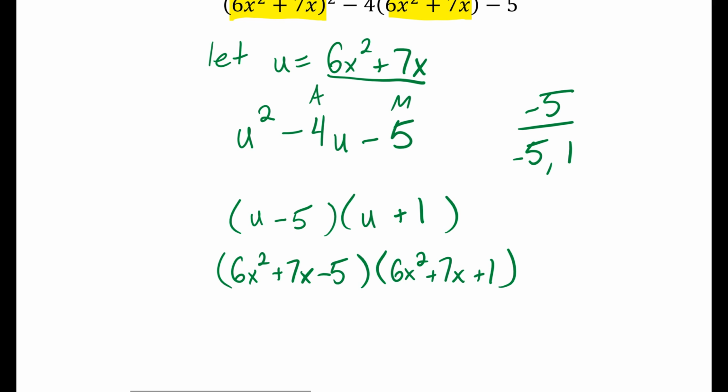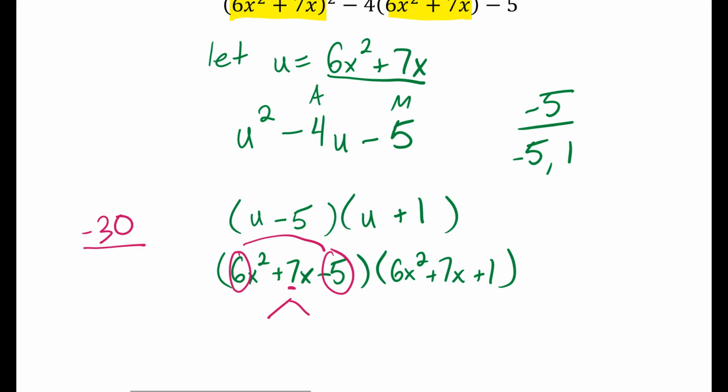So rather than just using that regular AC method, I'm going to need to use the AC method, where I multiply the first and the last number, and I try to find numbers that multiply to -30 that add to that middle term 7x, so that I can split it and then do factor by grouping.